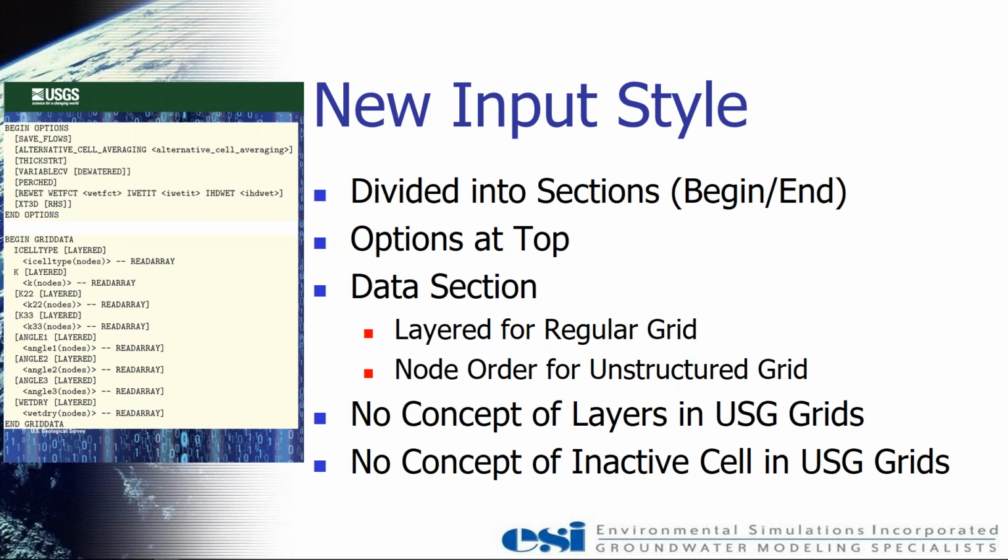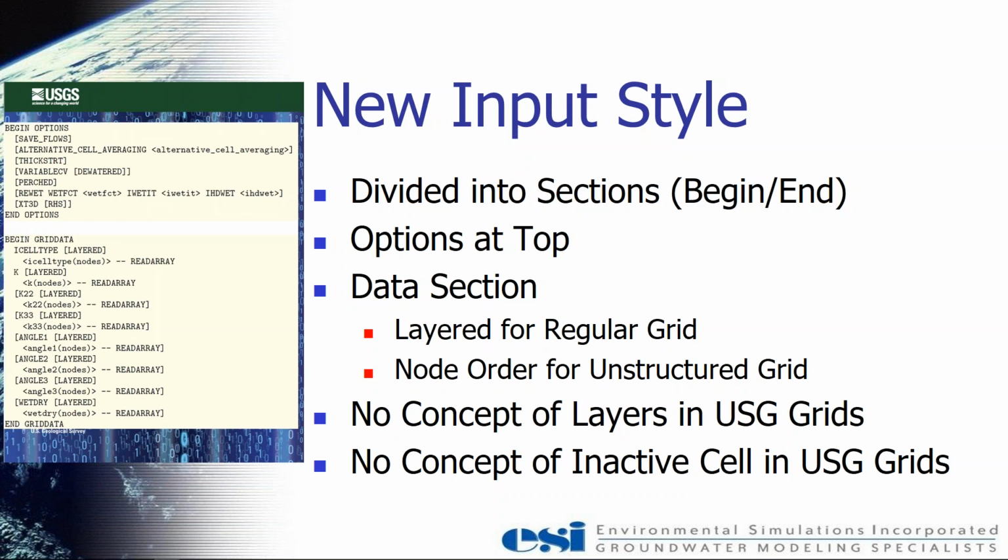So those file types no longer exist, and we have this one file called NPF, which has essentially the hydraulic properties, horizontal and vertical K. Storage, you'll notice, is not in the NPF file. Storage actually has its own file, which I'll talk about in a minute.